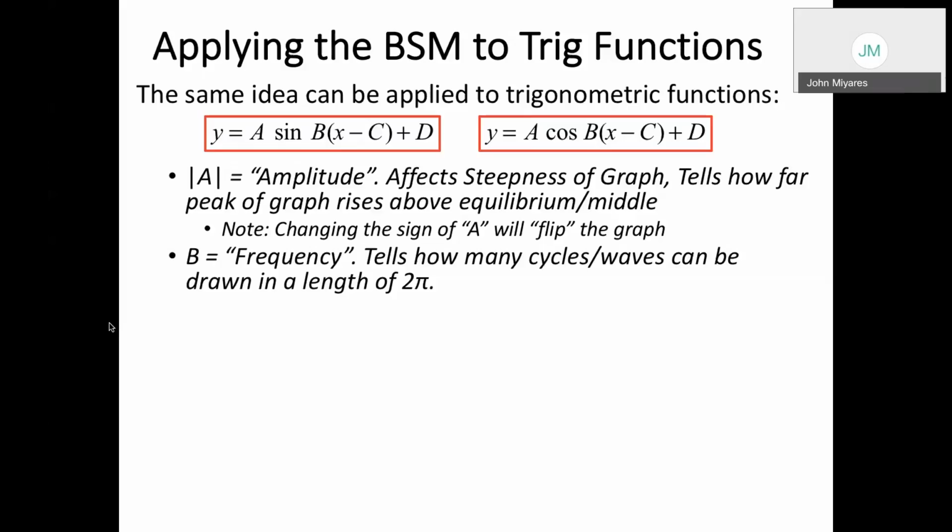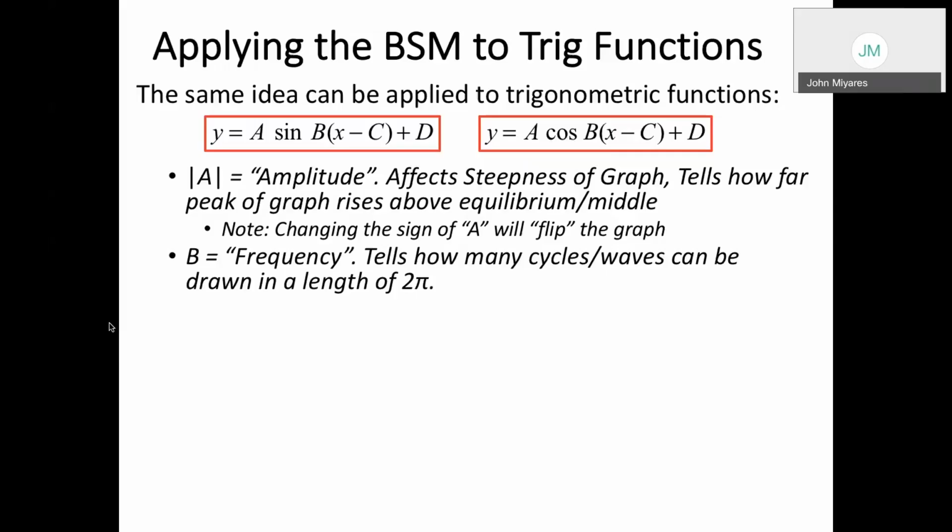If the b value were 2, so we're looking at the sine of 2x or the cosine of 2x, then we would compress the wave so you could fit 2 full cycles between 0 and 2 pi. If the b value were 1/2, so it was the sine of a half x or the cosine of a half x, then you would only be able to draw a half cycle between 0 and 2 pi.